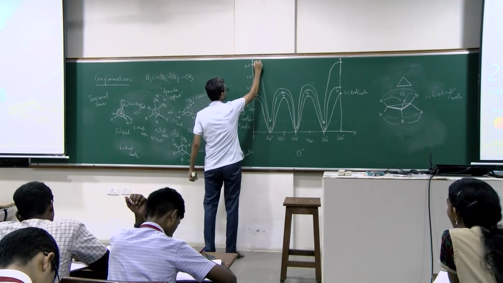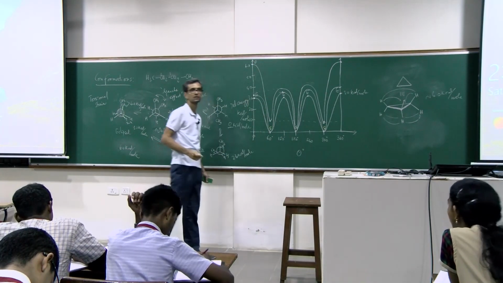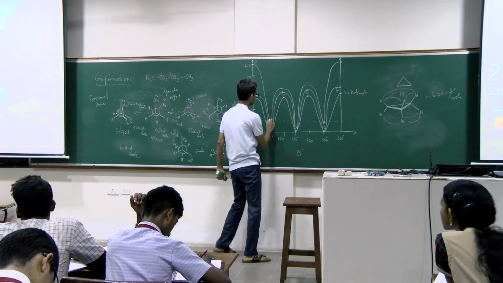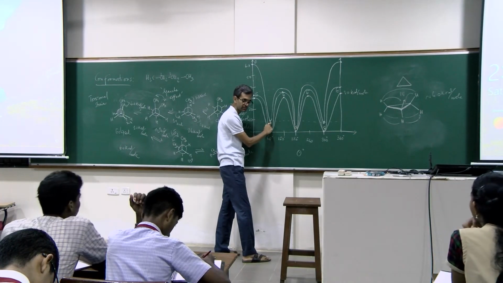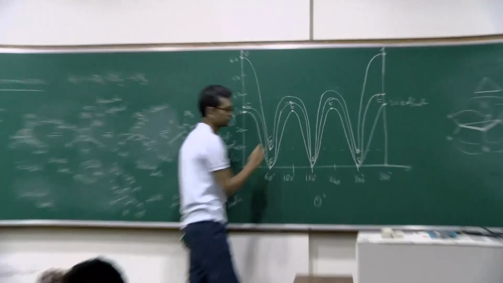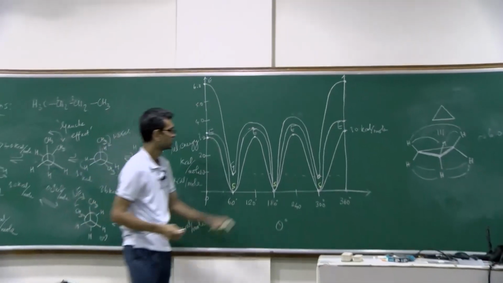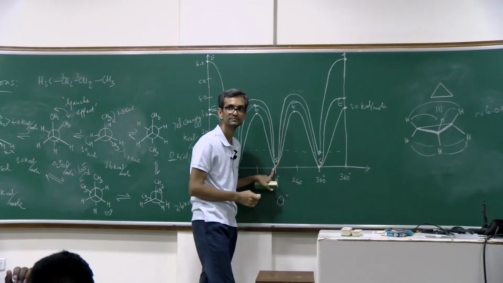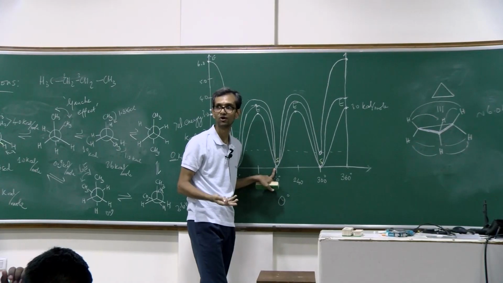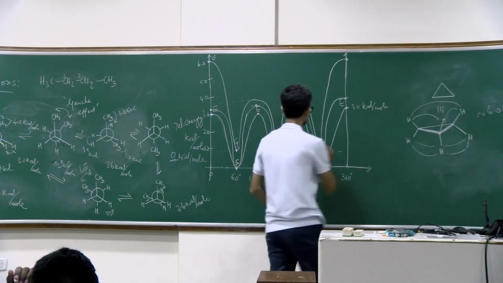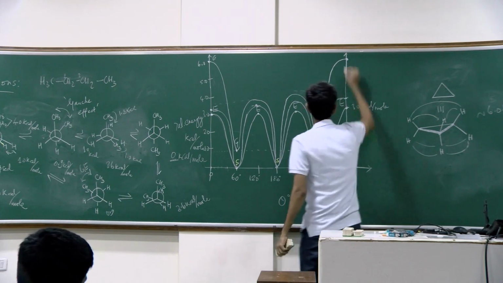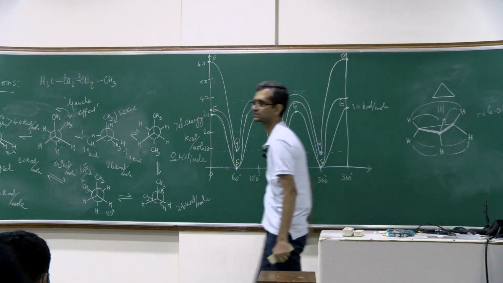So this is eclipsed, right? This is gauche. This is staggered, 0, right? So this is gauche. Again, this is eclipsed.